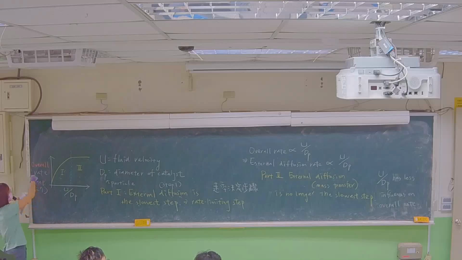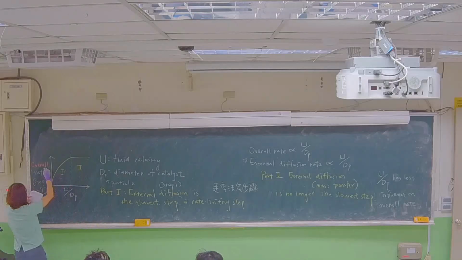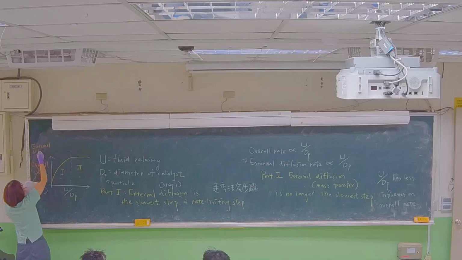But at this region, external diffusion is no longer the slowest step, so it cannot influence the overall rate anymore. So please understand how to explain this figure. At first, you have to find in the y-axis, that is overall rate.